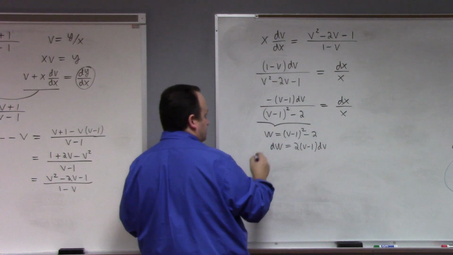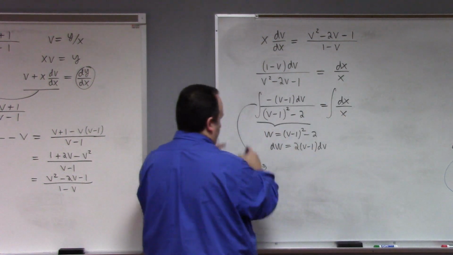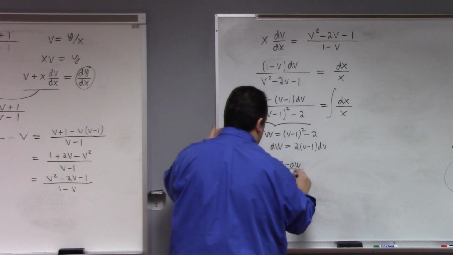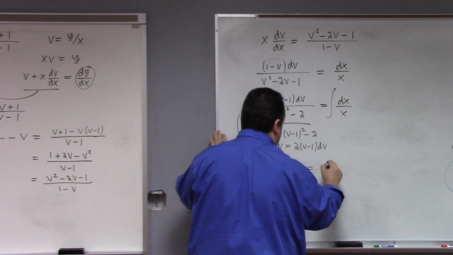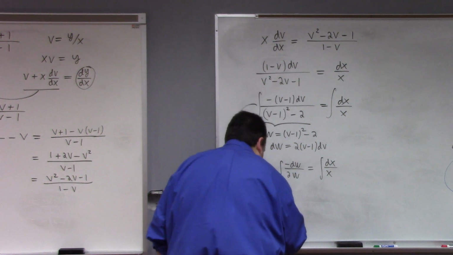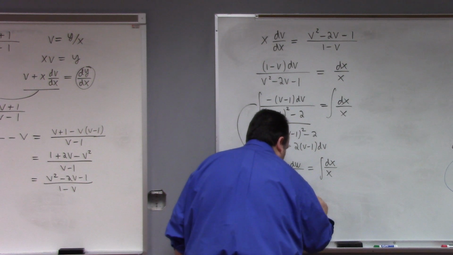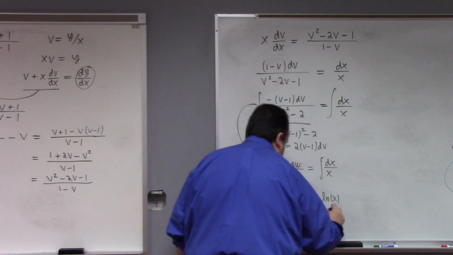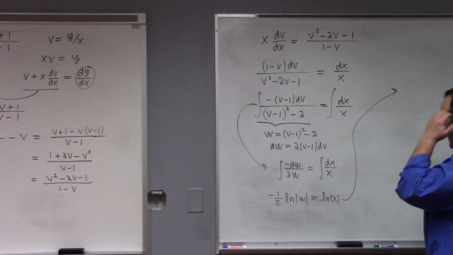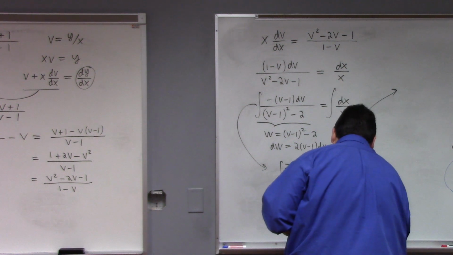And so, if we integrate both sides, this integral becomes the integral of minus dw over 2w equals the integral dx over x, which gives us minus 1/2 natural log of the absolute value of w equals natural log of the absolute value of x, plus a constant, right? Don't forget to add the constant.